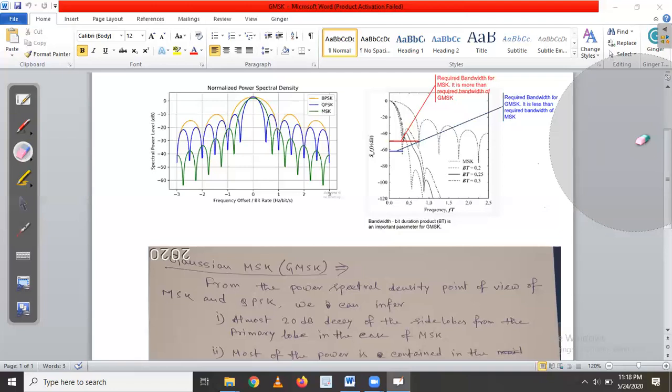In the case of GMSK, most of the power is contained in the main lobe and the required bandwidth is less as compared to MSK. So it is much better than MSK in both terms, power and bandwidth.